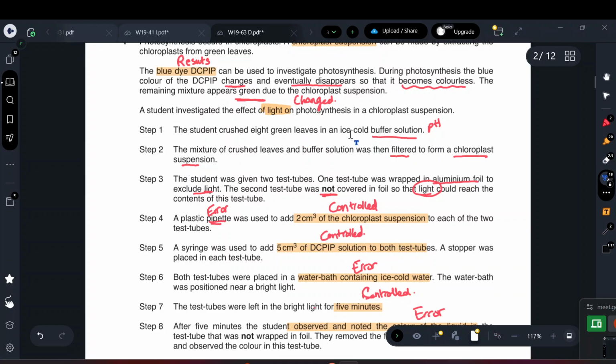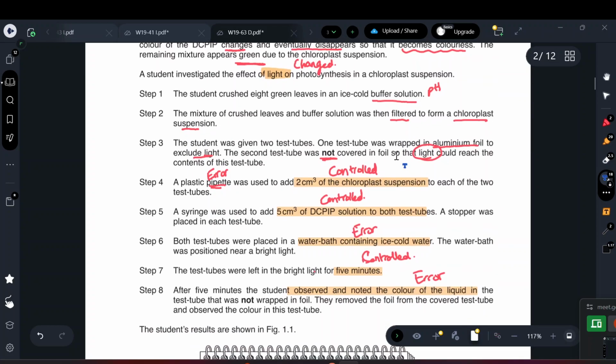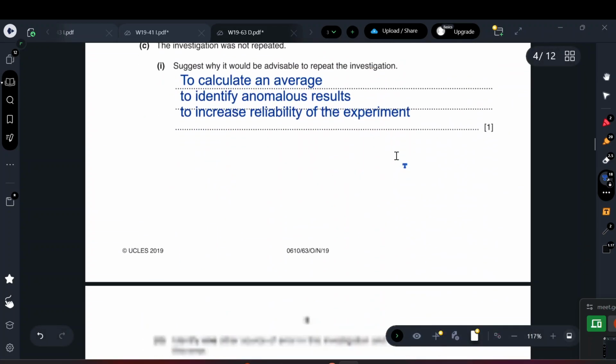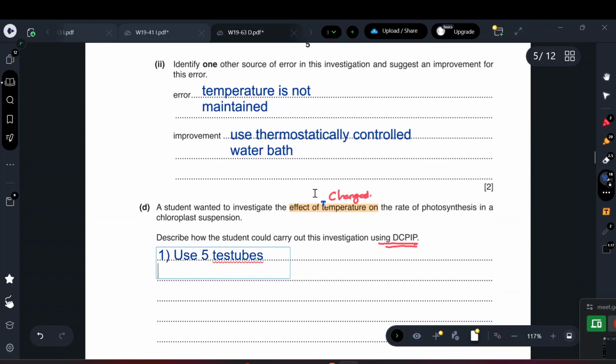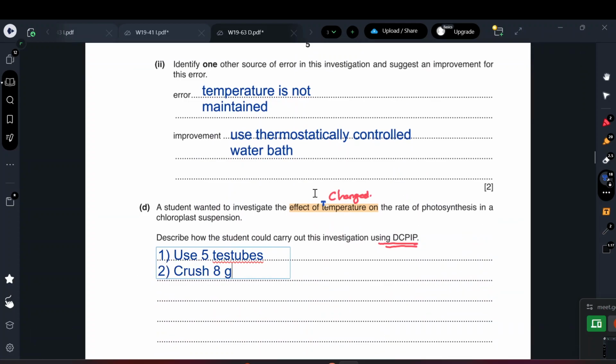Crush 8 green leaves in water, okay? And then filter to get the chloroplast suspension. Same as he did.